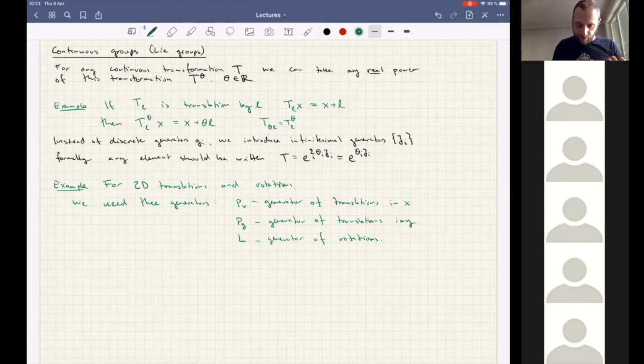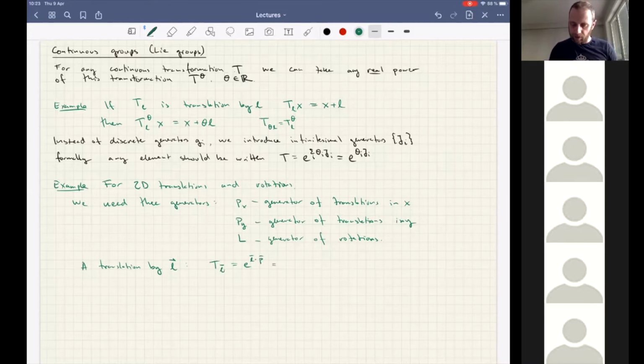So typically, a translation here by some vector L would be T_L. I would write that as e to the L dot P, where P is just a 2-dimensional vector having the generators.